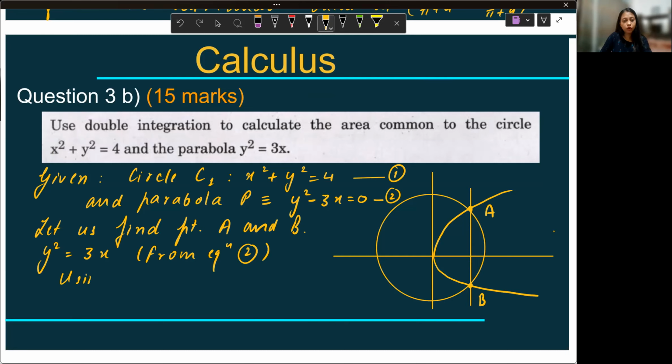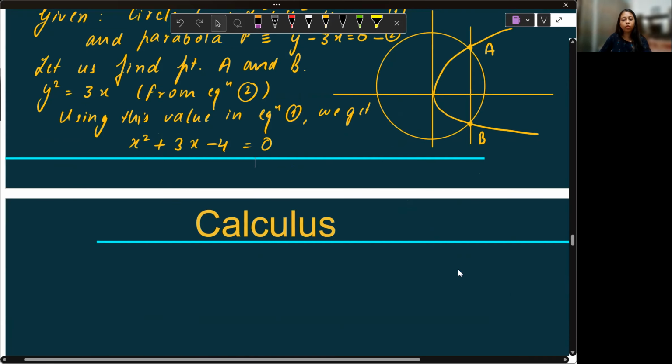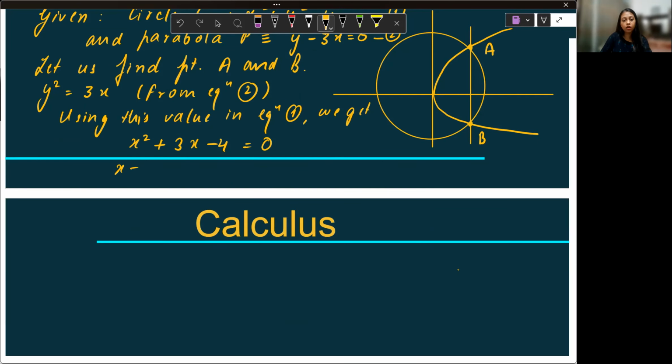Using this value in equation 1, we get x square plus 3x minus 4 is equal to 0. So by splitting method, that is (x minus 1)(x plus 4) is equal to 0. So x is 1 and minus 4.